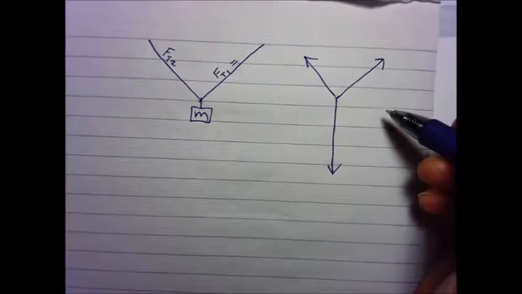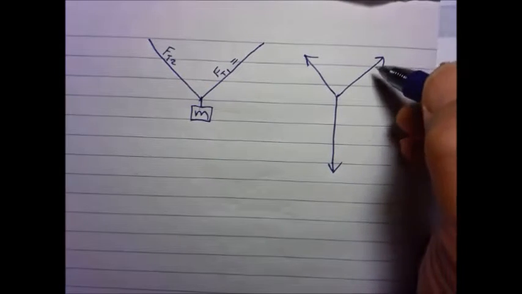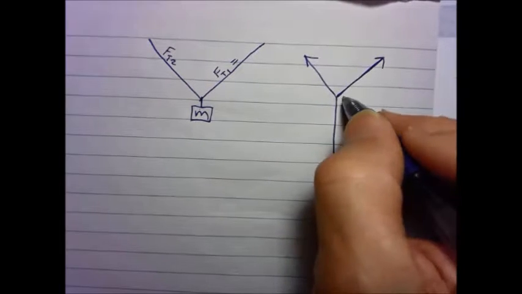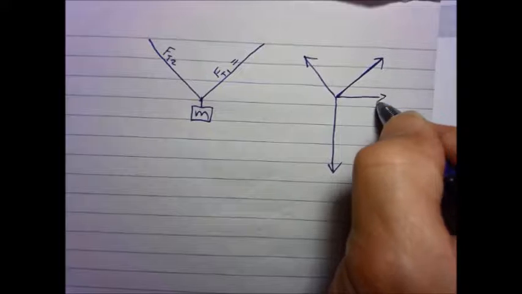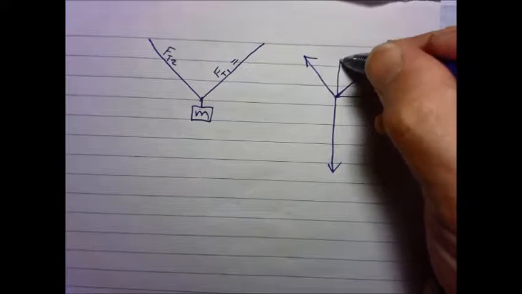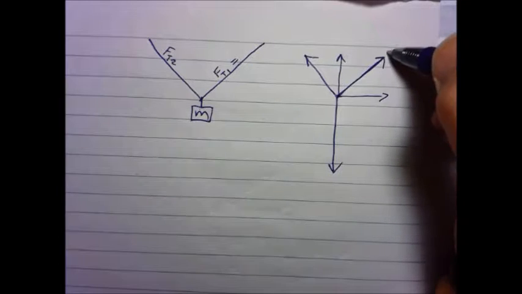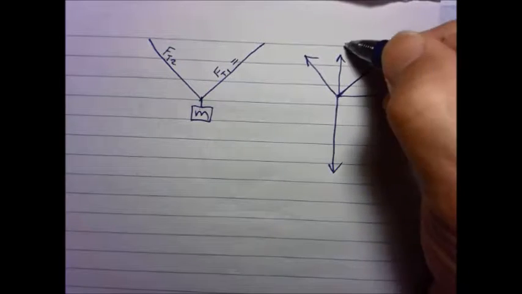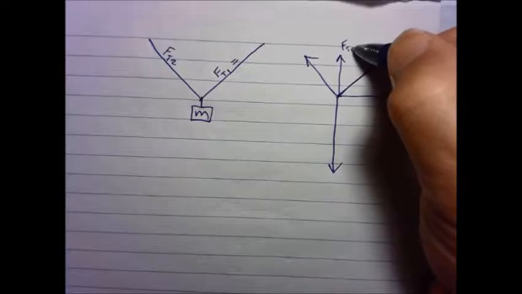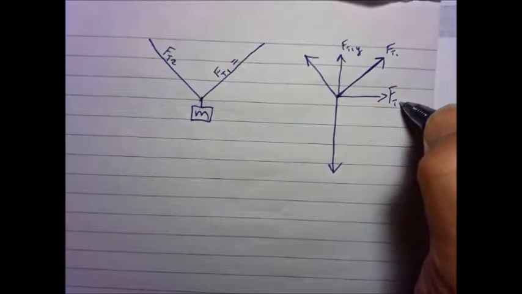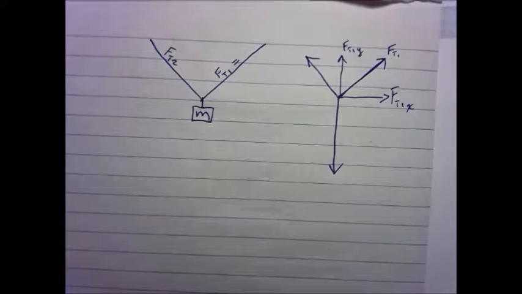The way we solved that problem was to realize that this vector, if we broke it down into its components, would have, if this is force of tension 1, this would be force of tension 1 in the y direction, and this would be force of tension 1 in the x direction.